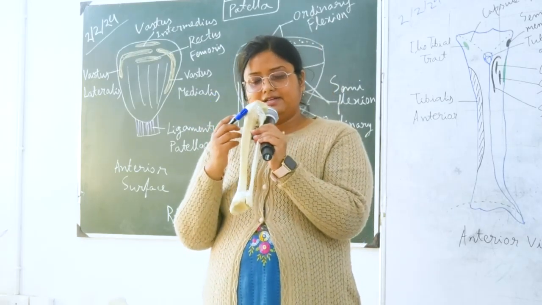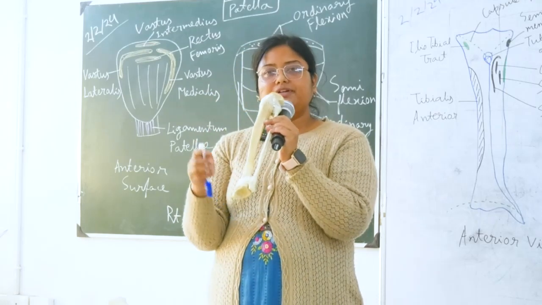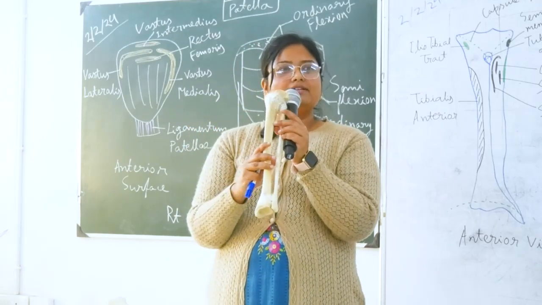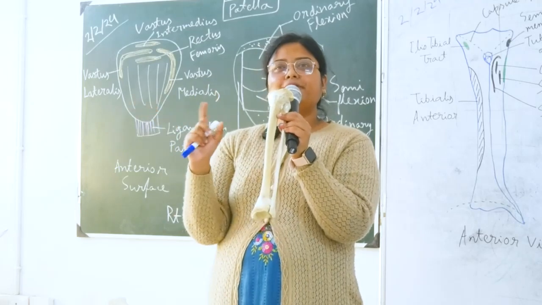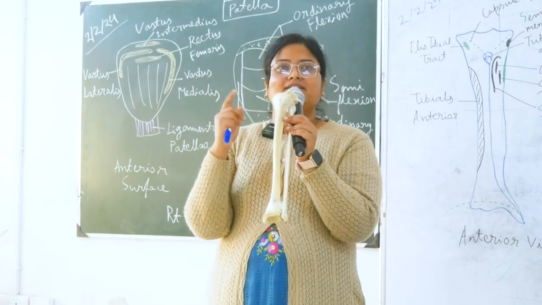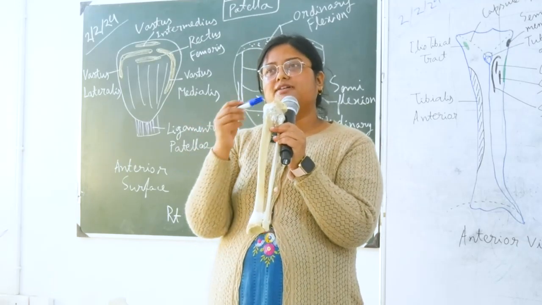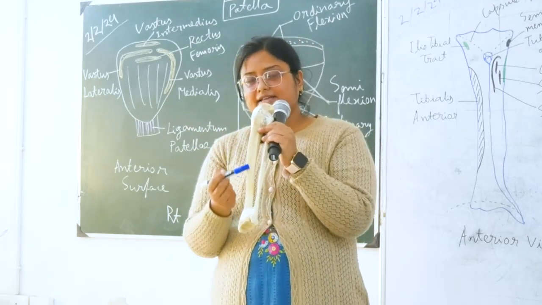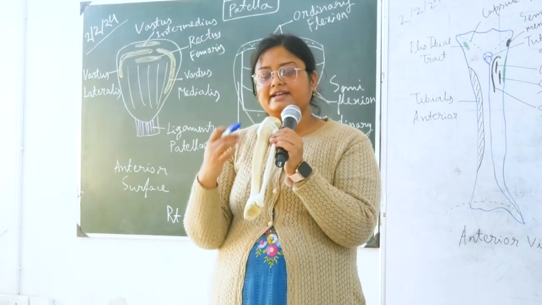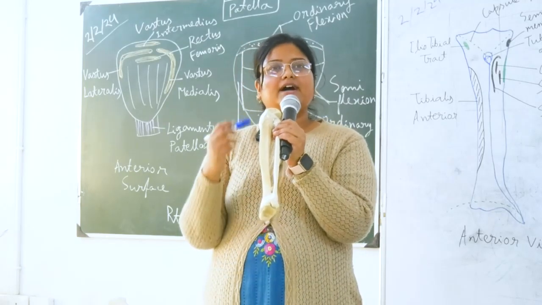The anterior border is also known as the shin border, shin guard, used in football to prevent injury to this bone. This is the subcutaneous border, and it is sinuous in course, that means slightly S-shaped, curved border.